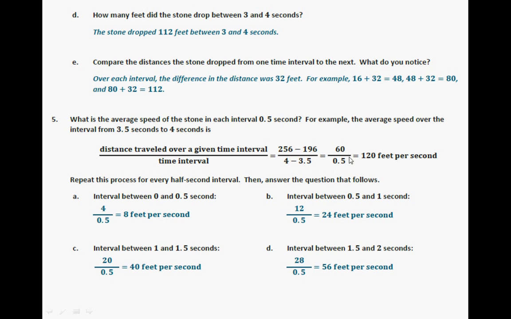So if you divide 60 by a half a second, you would get 120 feet per second. So repeating this for every half-second interval, for A you should have gotten 8 feet per second, for B 24 feet per second, for C 40 feet per second, and for D 56 feet per second.